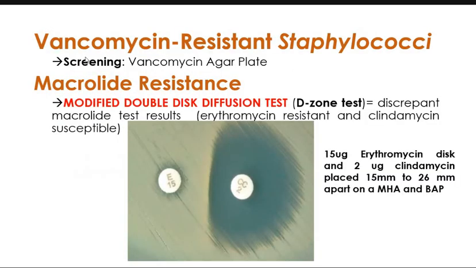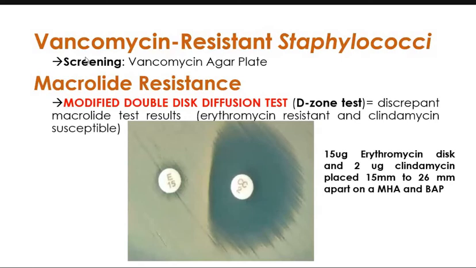So for the vancomycin resistance Staphylococci, screening would be using the vancomycin agar plate. Then we have our macrolide resistance, which is modified double disc diffusion test or the D-zone test. Again, this was presented doon sa ating antimicrobial susceptibility testing, wherein you have a blunting here of the disc with clindamycin.